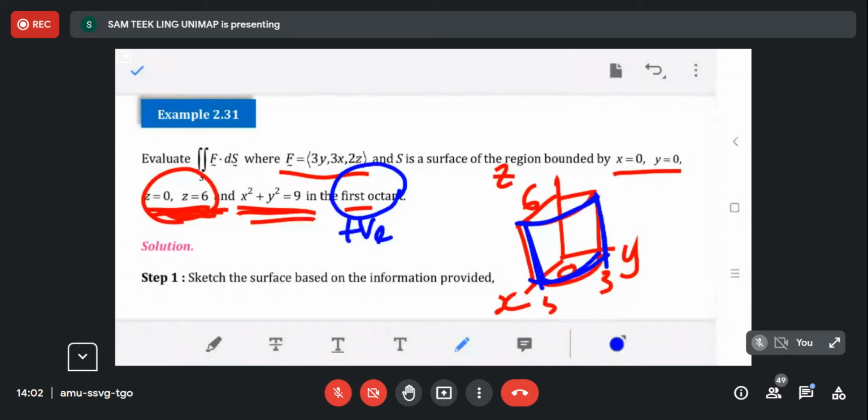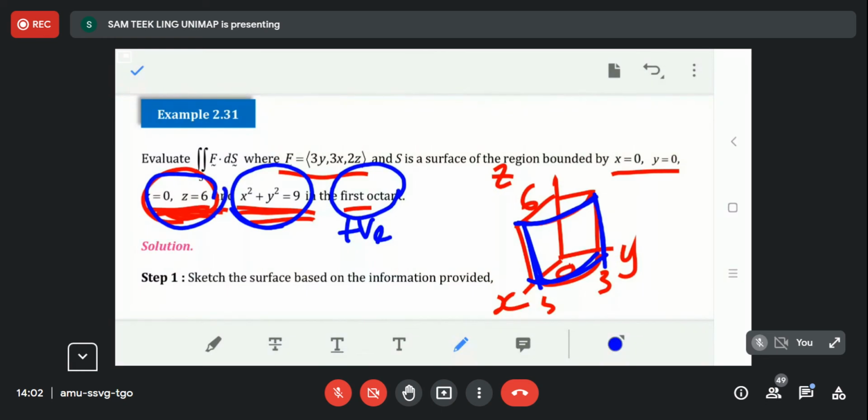Your x, y, z values all start from 0 to a positive number, no negatives. So for the question, you can see directly one circle plus two planes is a cylinder.